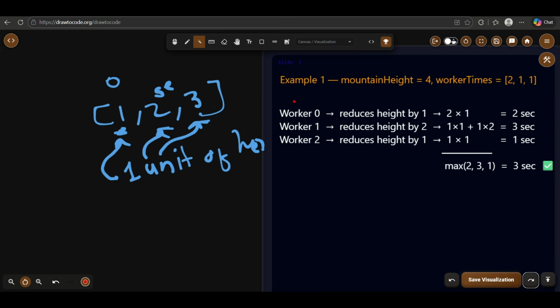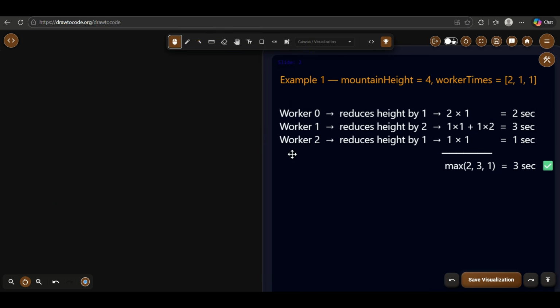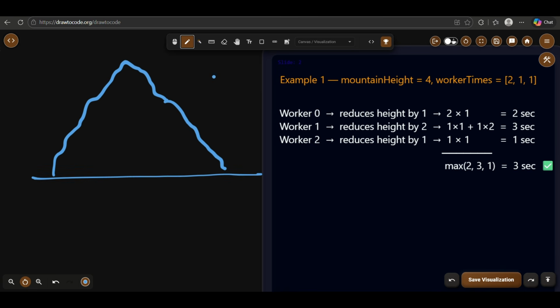Here is an example. Let's suppose the mountain height is 4. Here is that mountain with a height of 4 units.